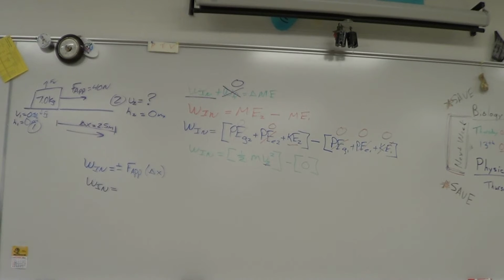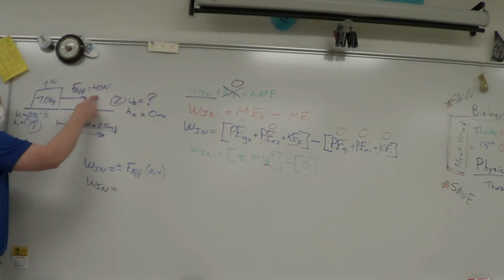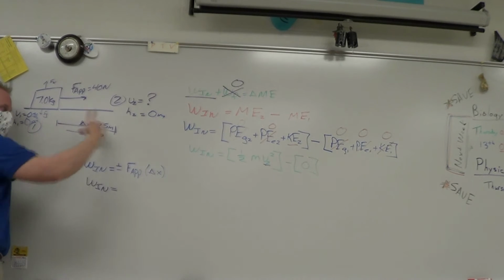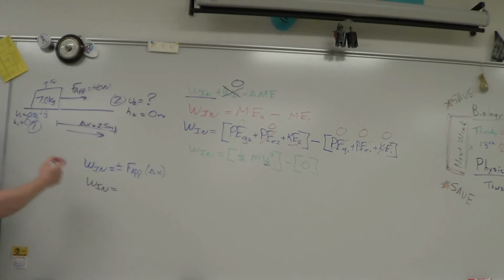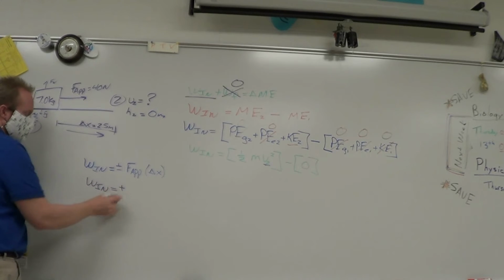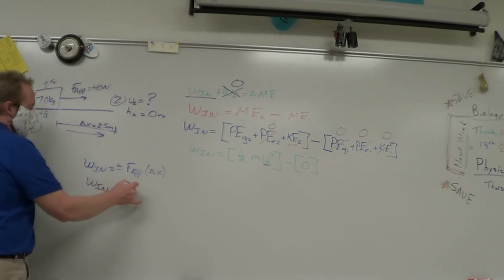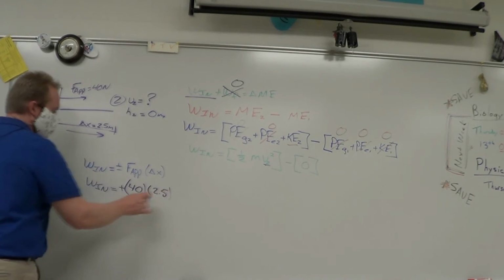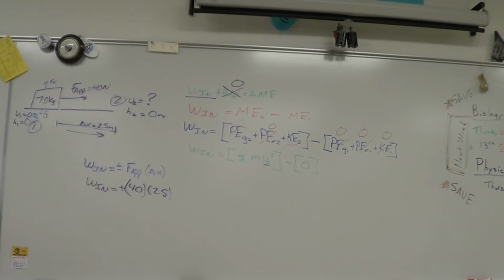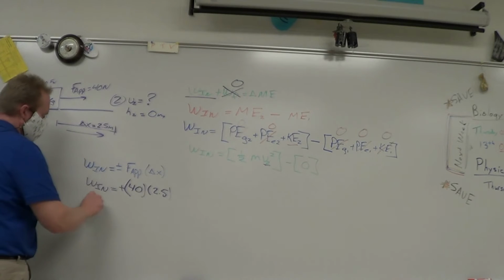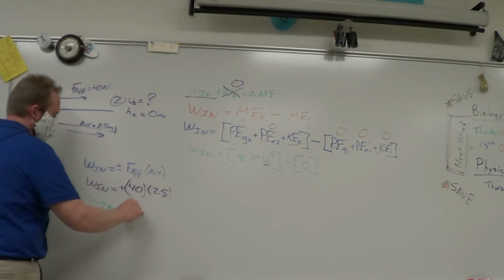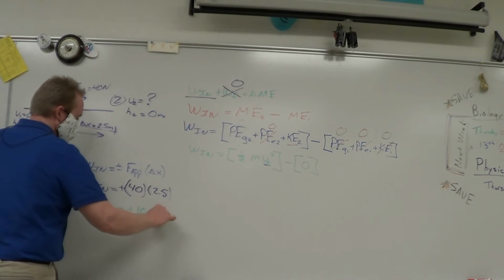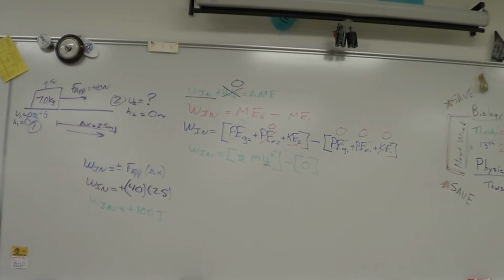I drew my picture with an applied force arrow to the right, and that force accelerates the object, which means it's going to make it start to move. So they're going to be in the same direction, so that's going to be a plus. Then we take our applied force of 40 times the displacement of 2.5. Work in ends up being 100 joules, a positive 100 joules.